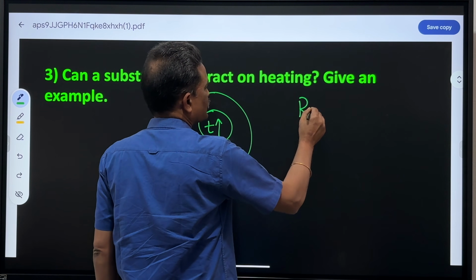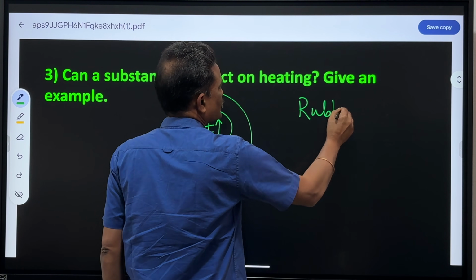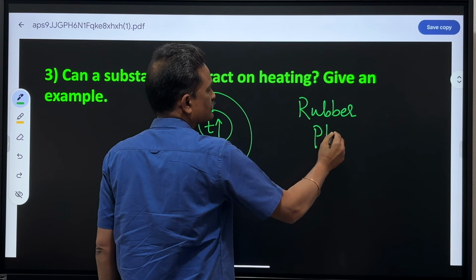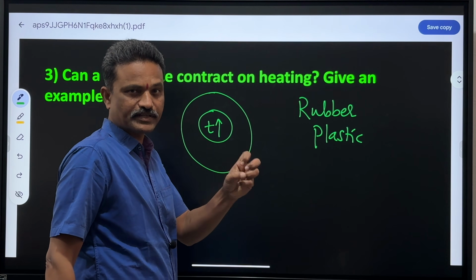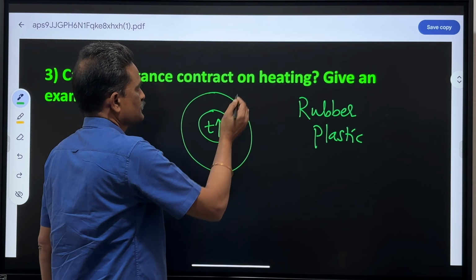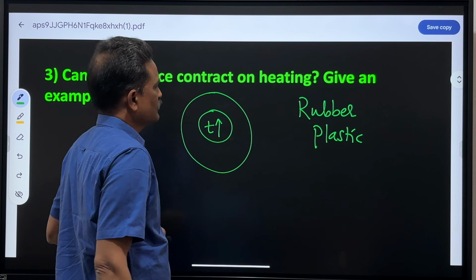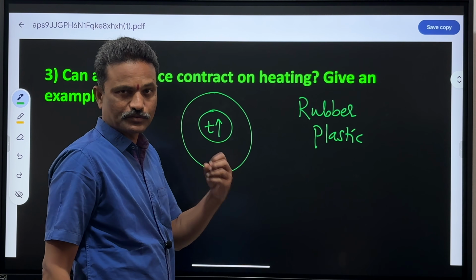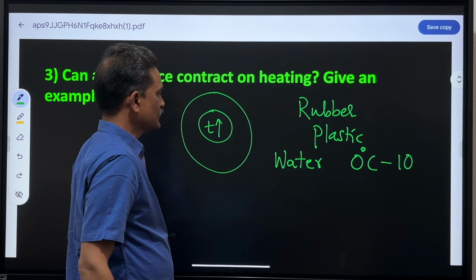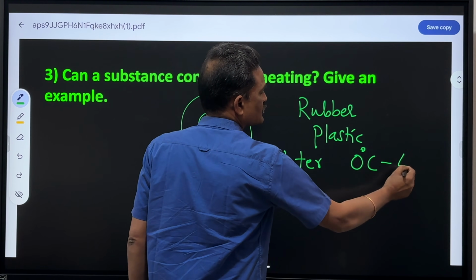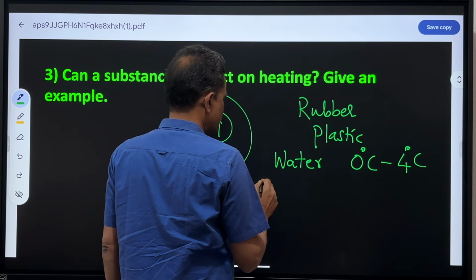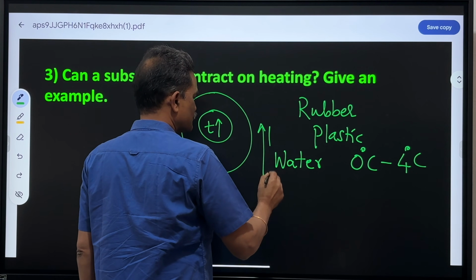The best example is rubber. We know plastic. When you heat them, they contract, they shrink. So only one example is not enough. You have to give 2 to 3 examples. When water is heated from 0 degrees Celsius to 4 degrees Celsius, instead of expansion, it undergoes contraction.